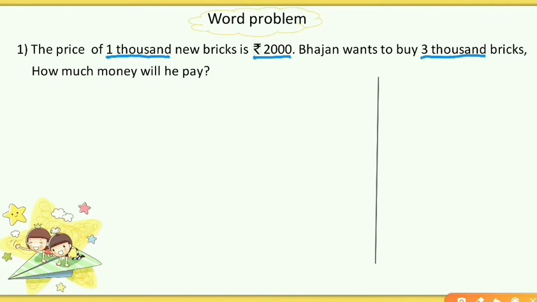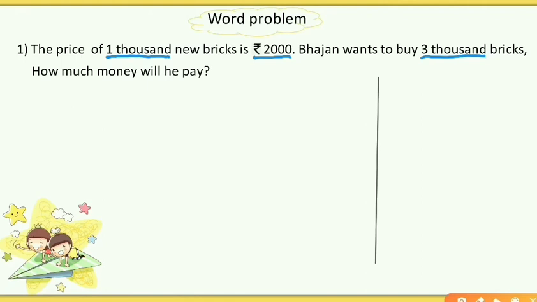So we know, to find something more, we either have to add or multiply. Now, he wants to buy 3000 when the given is 1000, which means a repeated addition of the price is followed. You have already done multiplication before, so you know multiplication is always repeated addition.